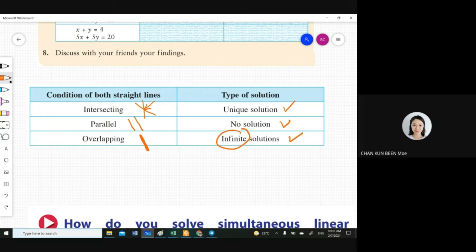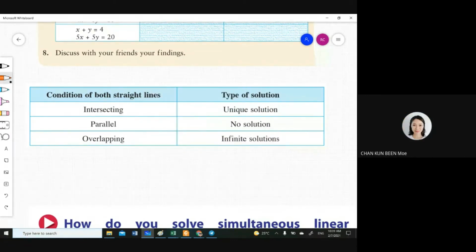Infinite maksudnya tidak tertakrif. Okay, not defined, cannot finish. So you have three types of solution. The one that you are going to learn is the unique solution, whereby you have one unique solution, satu saja solutionnya.